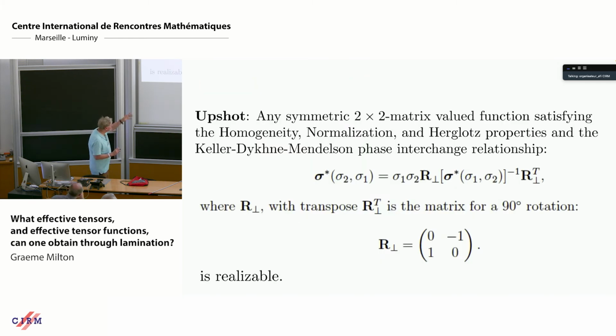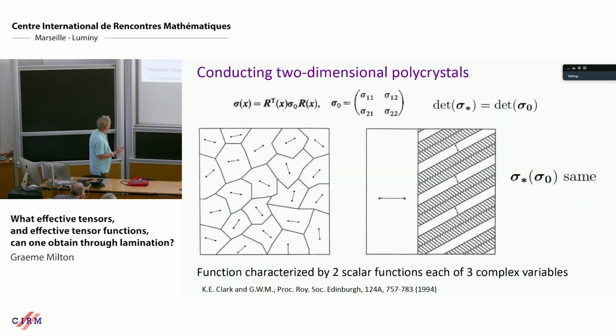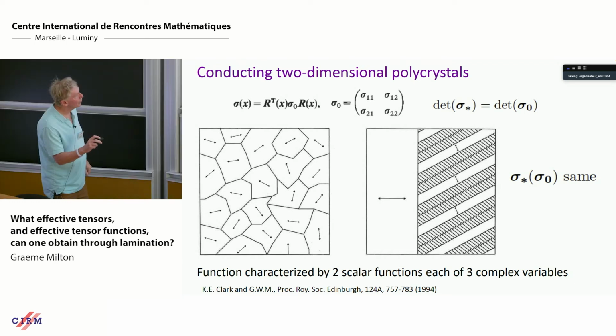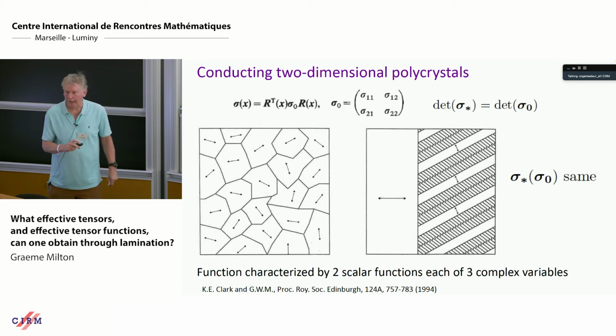That's sort of a generalization of that relationship that I had before. And actually, you're going to carry through the analysis to polycrystals in 2 dimensions, where you have polycrystals of different orientations. You have an arbitrary polycrystal, and then you can model it by this hierarchical laminate material.